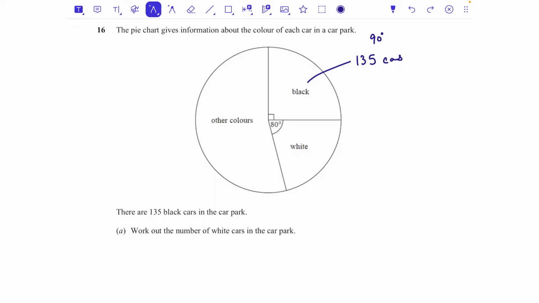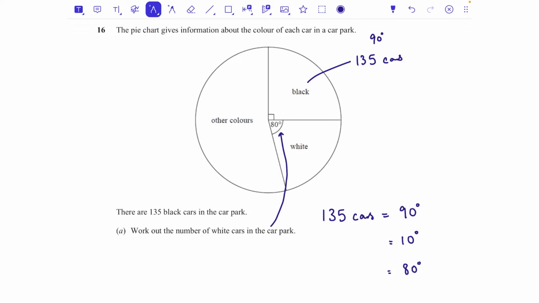Okay, so there's a couple of different ways that we could do this, but the first thing I want to do is say 135 cars equals 90 degrees. What we want to get is 80 degrees because 80 degrees is the number of white cars. So what would be helpful here? If I want to get to 80 degrees, I could do with finding out how many cars 10 degrees is worth.